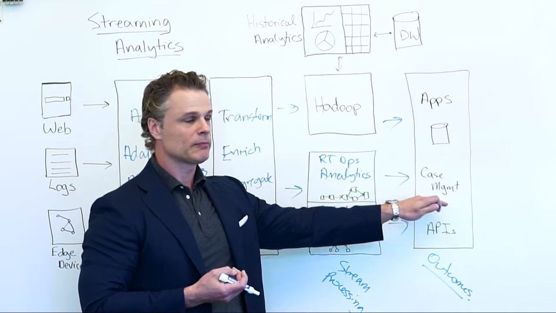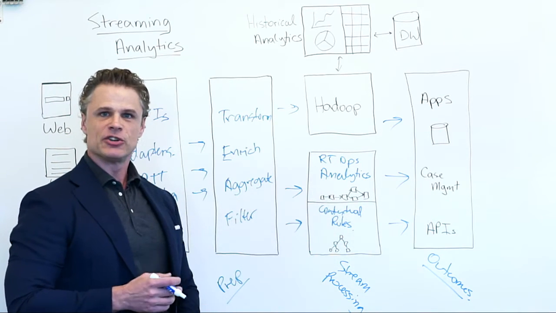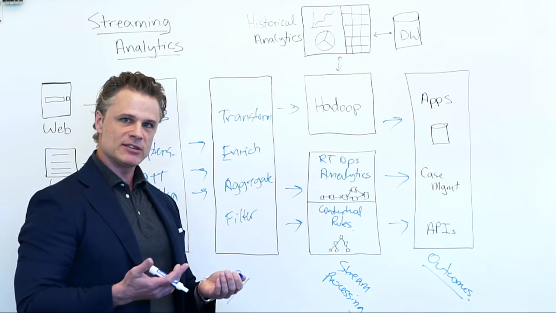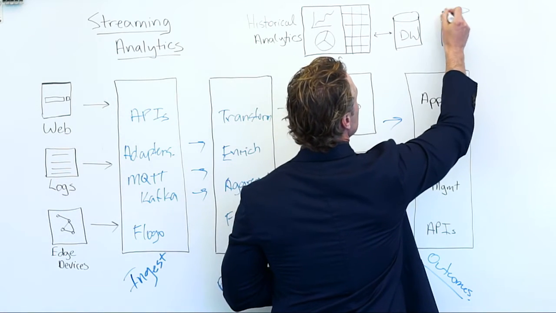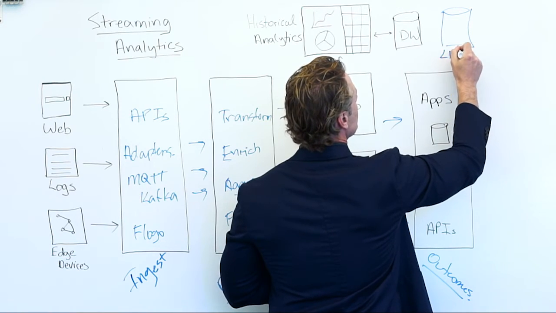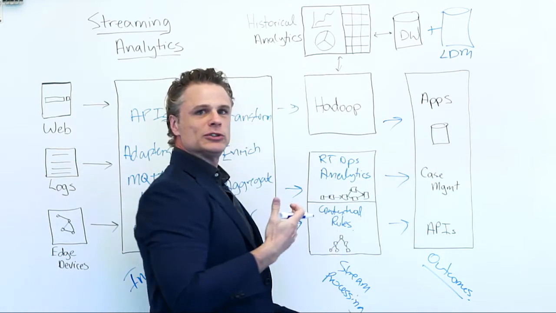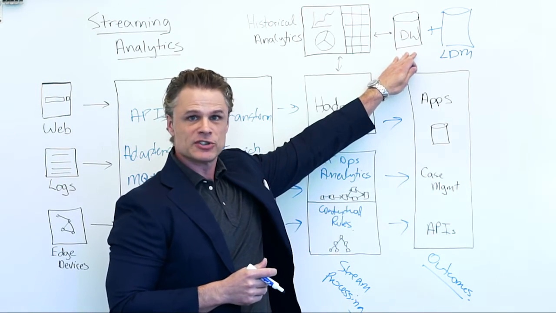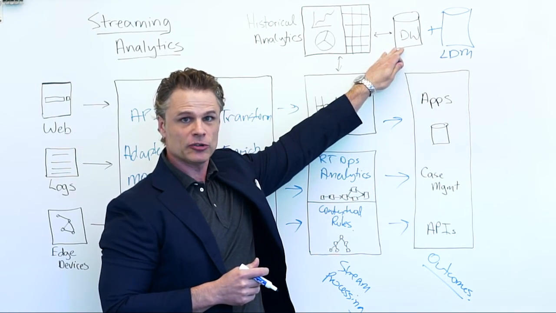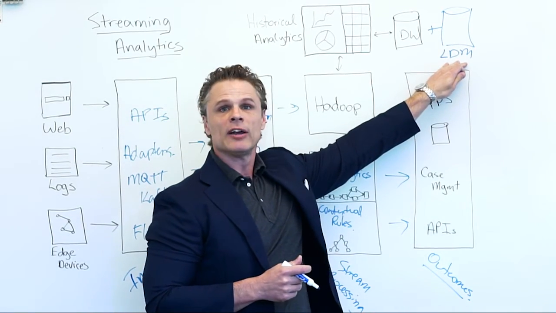One of the other things that you often do with streaming analytics is you want to present this information to the end user. So what you will often do is you will augment your existing data warehouse environment, which is focused more on historical analytics. You will typically augment it with a live data mart.